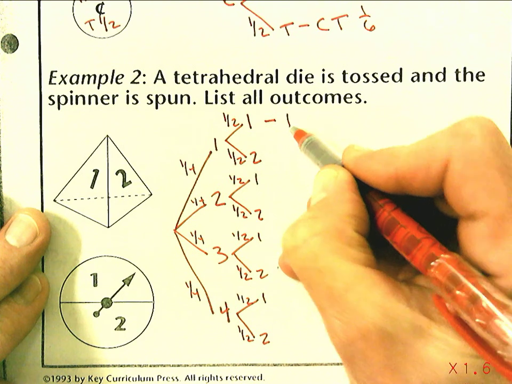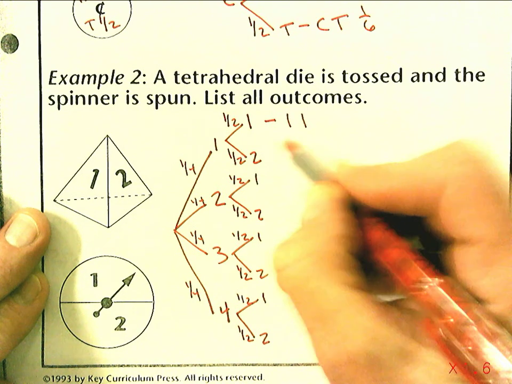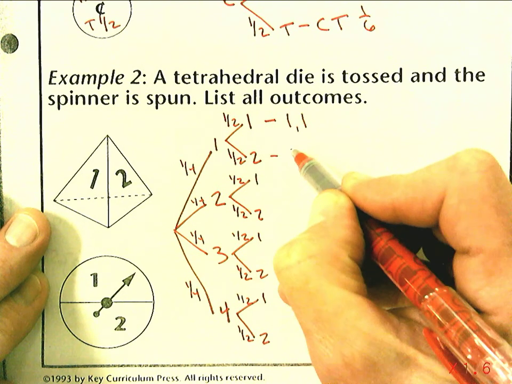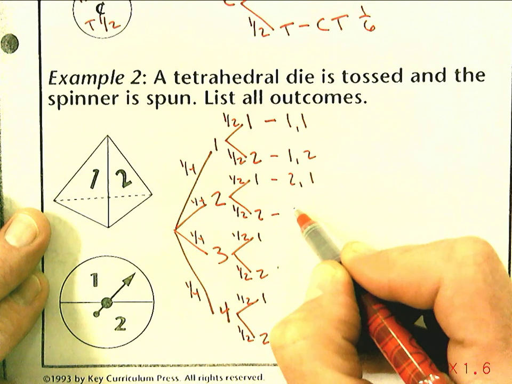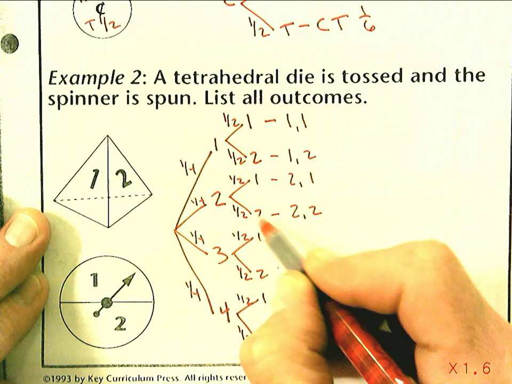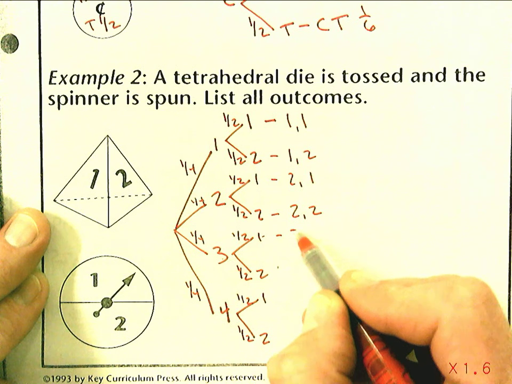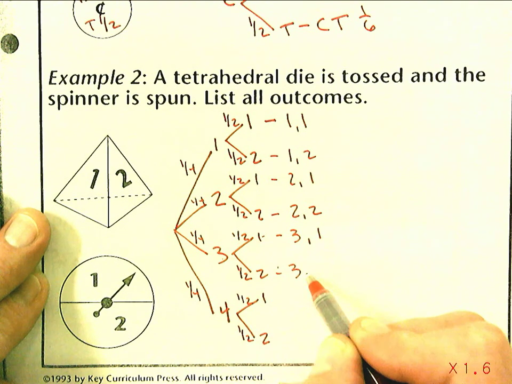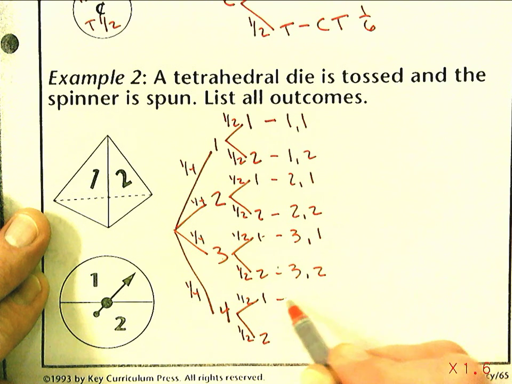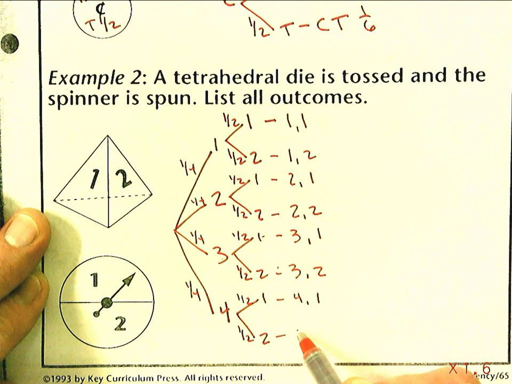So I could have gotten a 1 and a 1, a 1 and a 2, 2 and a 1, 2 and a 2, this branch a 3 and a 1, this branch a 3 and a 2, 4 and a 1, and a 4 and a 2.